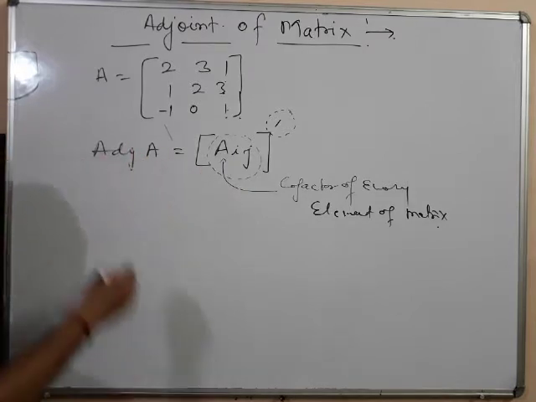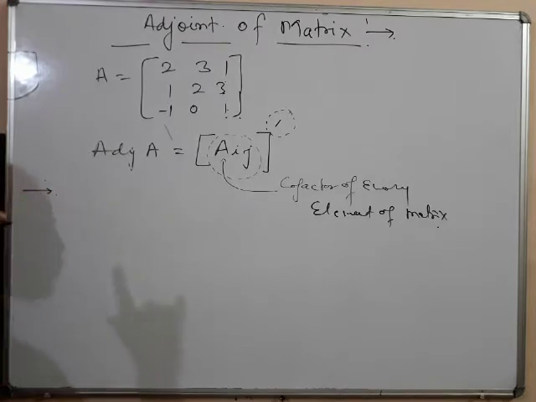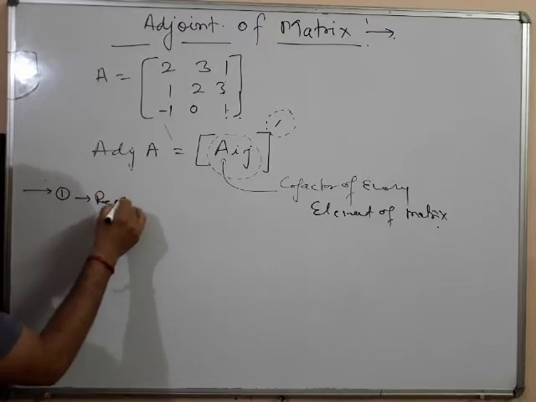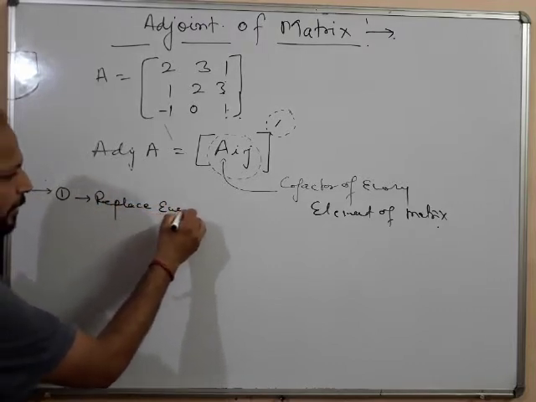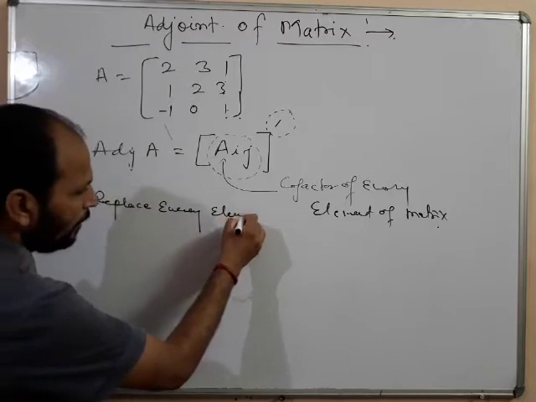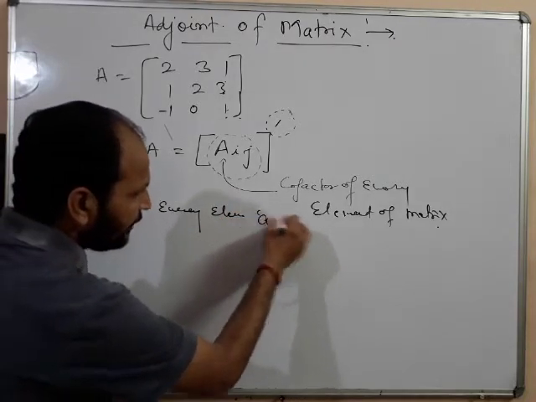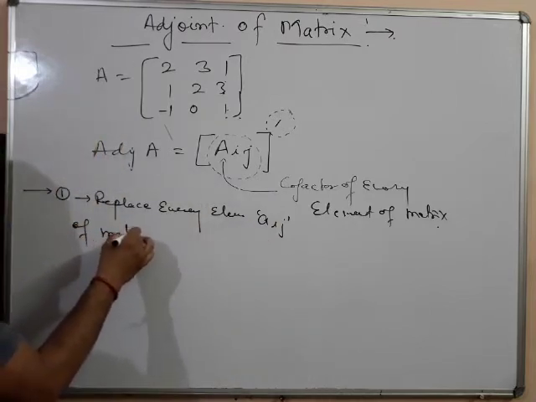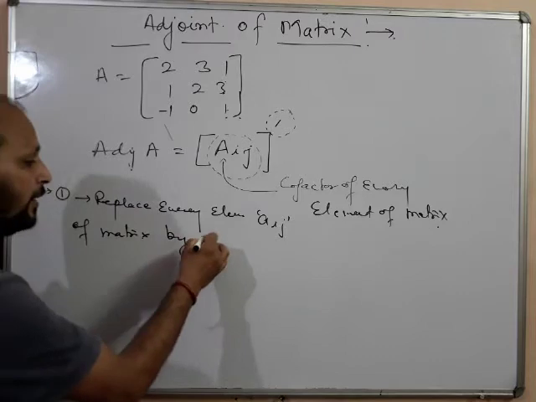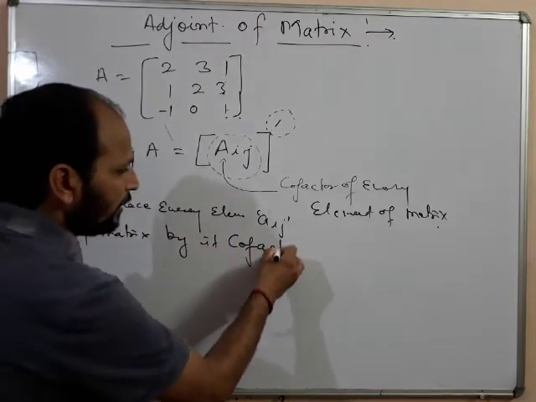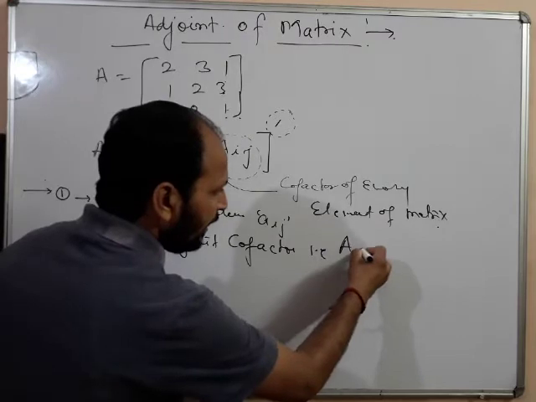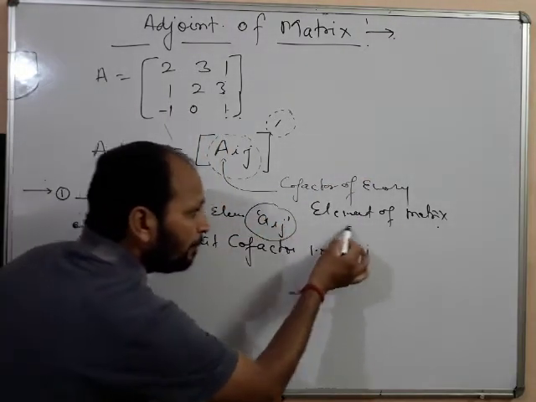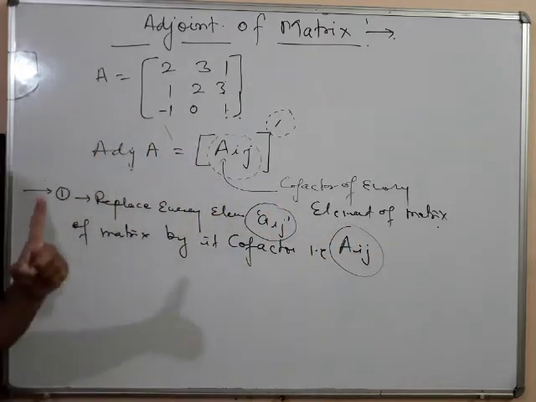To find the adjoint of the matrix, we have to do two steps. Number 1, replace every element Aij of the matrix by its cofactor, that is Aij. Every element will be replaced by its cofactor.